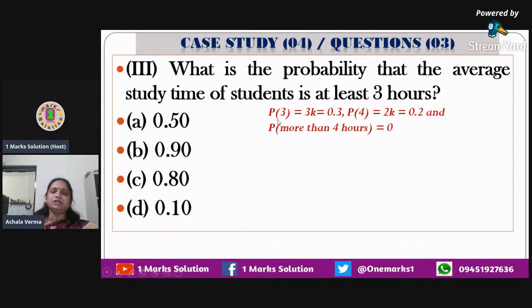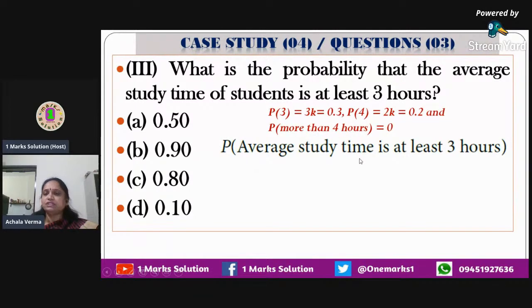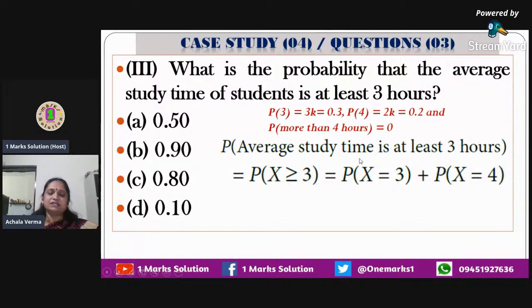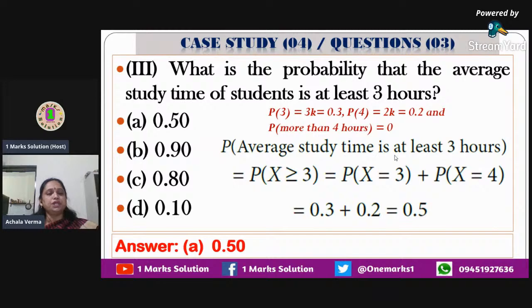Now we substitute the value of k. Probability of 3 hours is 0.3, probability of 4 hours is 0.2, and more than 4 hours is of course 0. So at least 3 hours will give us 0.3 plus 0.2, which is 0.5, and hence option A is the right answer.